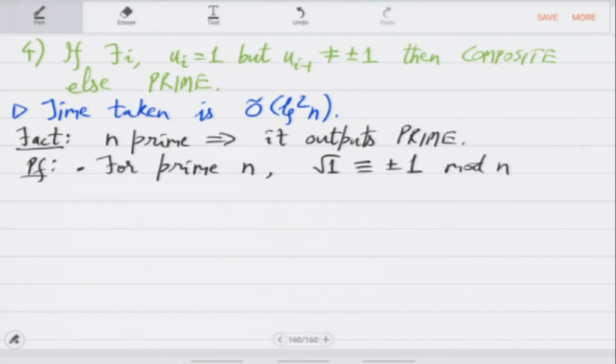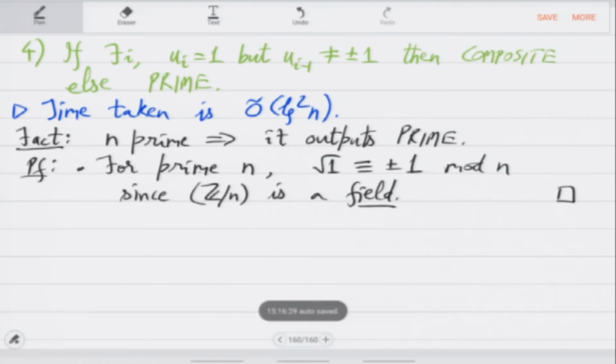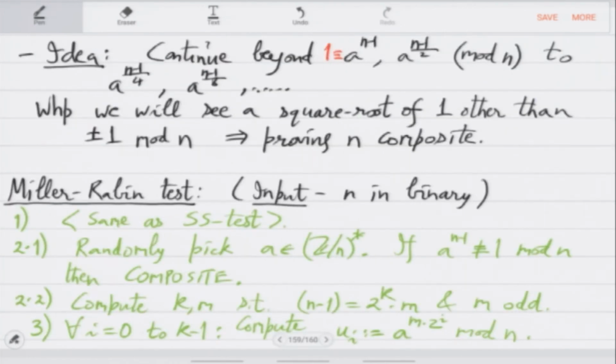There cannot be a third square root, since Z mod n is a field. Okay, because of that, step 4 cannot say composite, and in the previous steps 2.1 also cannot say composite, because a raised to n minus 1 will be 1 mod n by Fermat's little theorem for any a. And step 1 also cannot say composite.